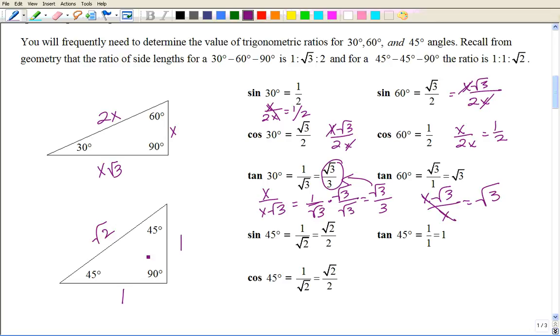Sine is opposite over hypotenuse, so that'd be 1 over the square root of 2, but then you have to rationalize that by multiplying by the square root of 2 on the top and the bottom, and that's how we get square root of 2 over 2. Tangent of 45, opposite over adjacent, so we have 1 over 1, which just equals 1, and cosine of 45 would be adjacent over hypotenuse. Rationalize that denominator, and you get the square root of 2 over 2.